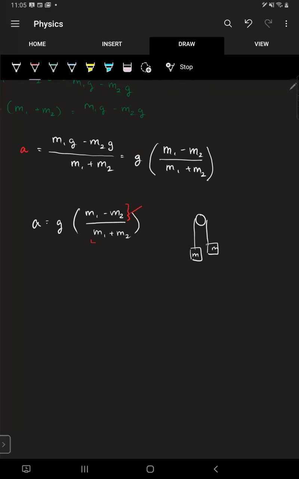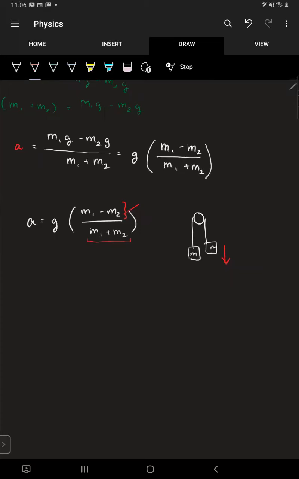But why is the bottom part there? It's because as one block goes down, it's not just one block moving. If one block goes down, both blocks have to move. So you have to divide by the total mass of the two blocks because you're moving two blocks. That's why the acceleration is determined by the subtraction of the two masses divided by the addition of the two masses.